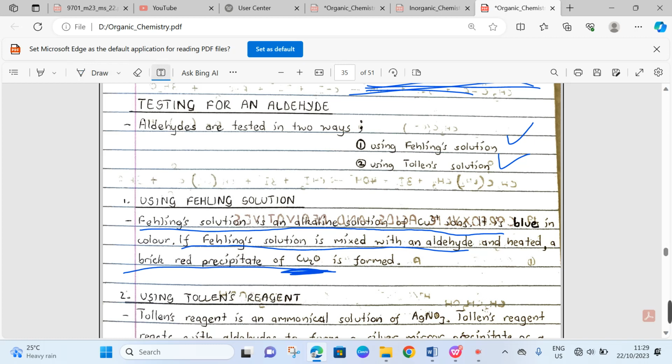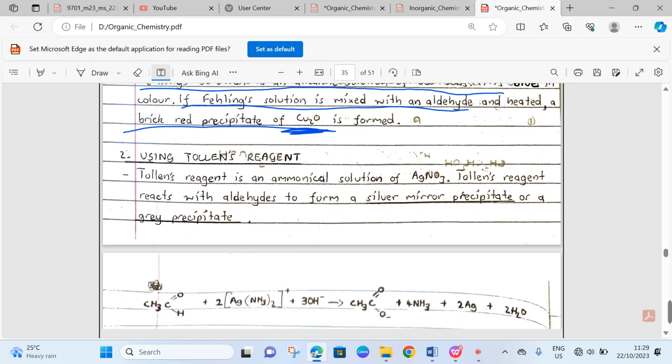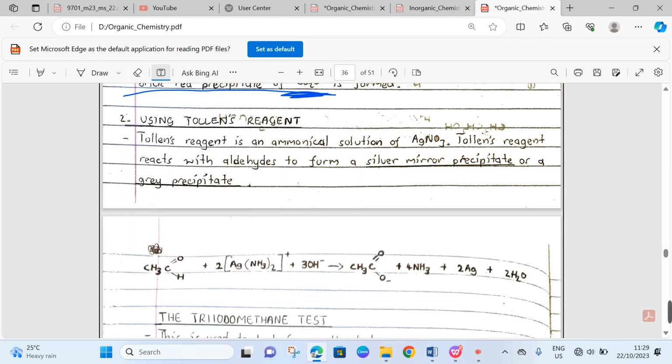The next one is Tollens reagent. Tollens reagent is an ammoniacal solution of silver nitrate. Tollens reagent reacts with aldehydes to form a silver mirror precipitate or a gray precipitate.